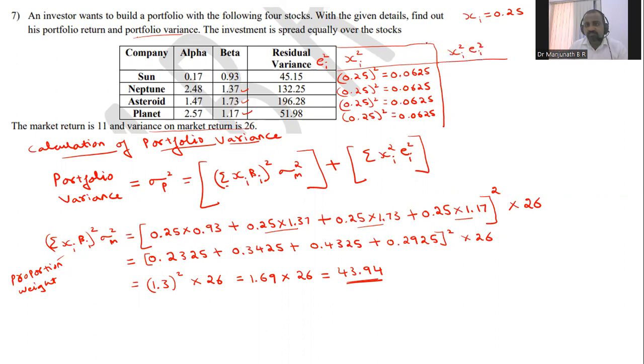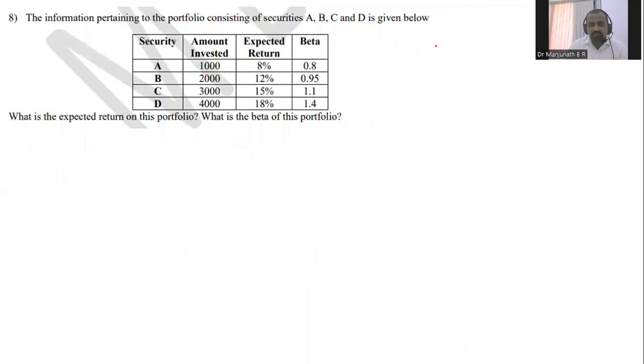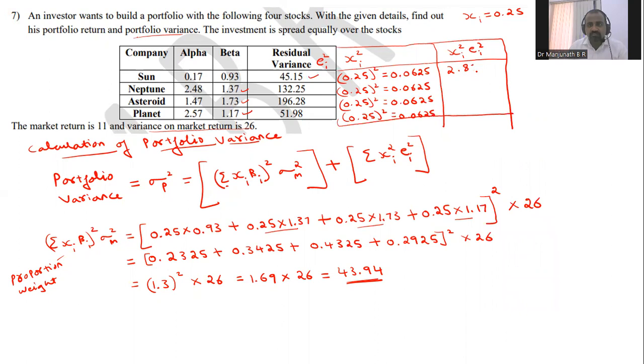I'll be writing the values here so that you should be able to understand in simple words, right? Okay. If I multiply 45.15 into 0.0625, we should be able to get 2.8219, sorry, 2.8219.